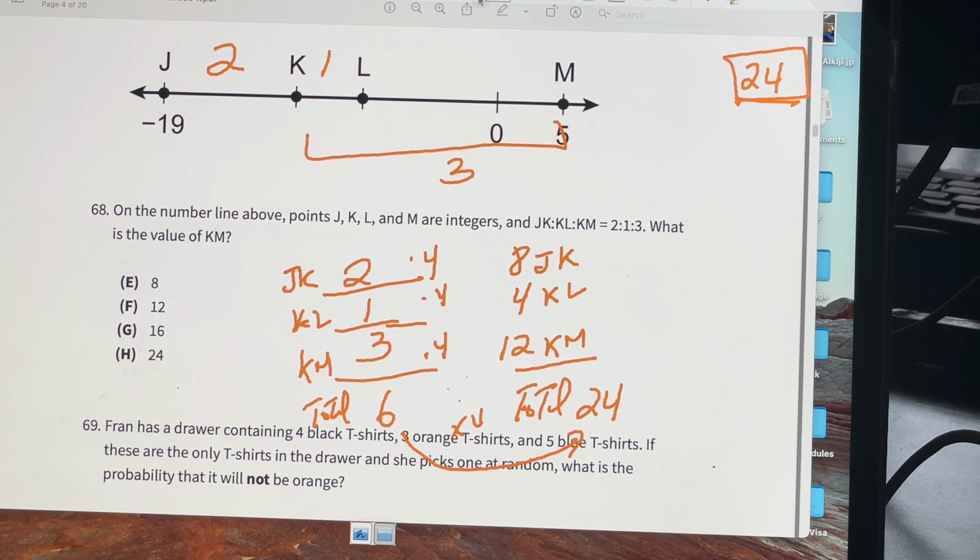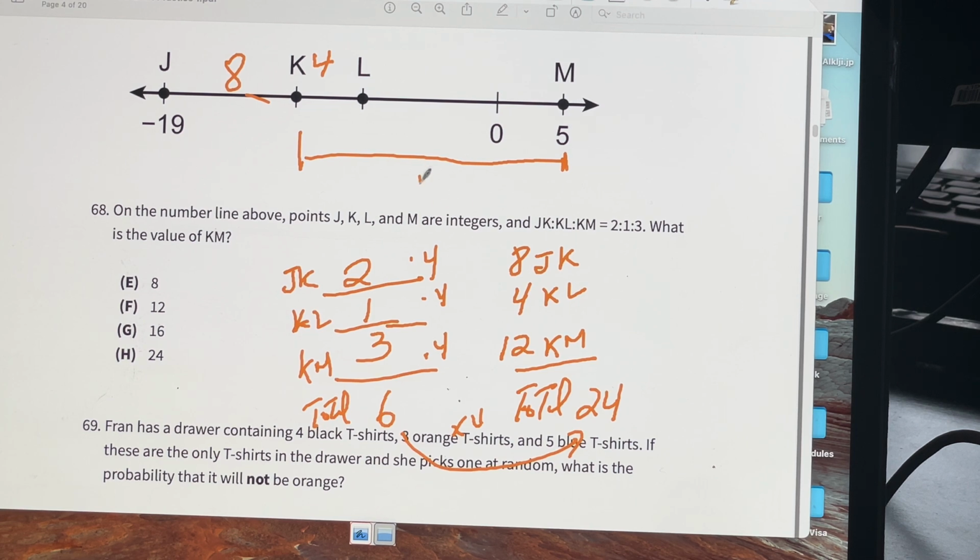So that still doesn't answer my question, because now I'm going to fill it in. So JK is 8. KL is 4, right? And then K to M is 12, but we don't want, no, we're good.